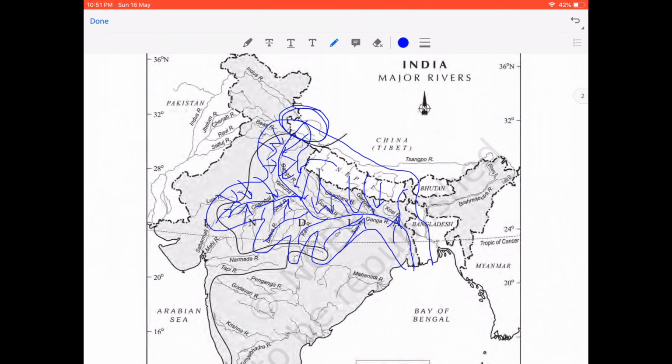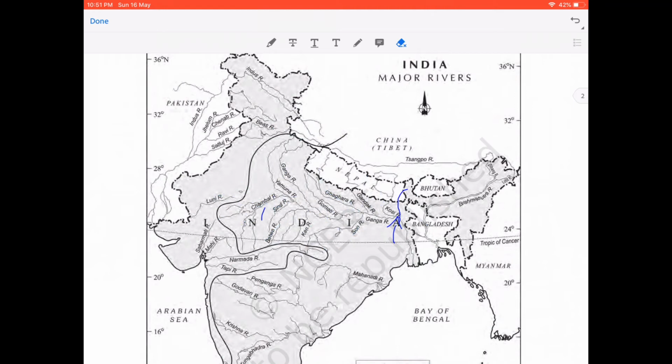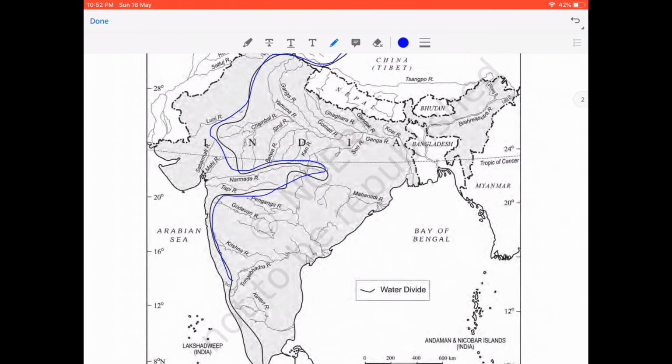Let's get rid of these lines. If you see in the map, they have made one partition line like this. If you keenly observe this line, towards the right side of this line, all these rivers are going towards the Bay of Bengal.